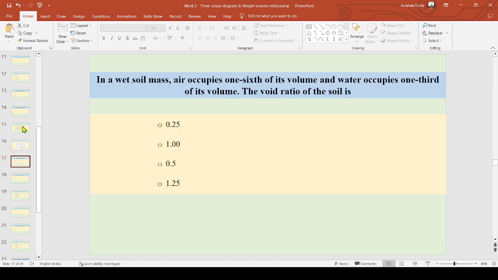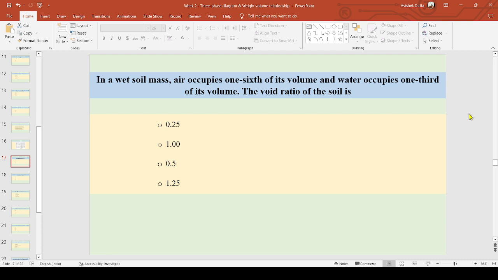Next question, another numerical. This is actually a conceptual numerical. In a wet soil mass, air occupies 1/6 of its volume and water occupies 1/3 of its volume.